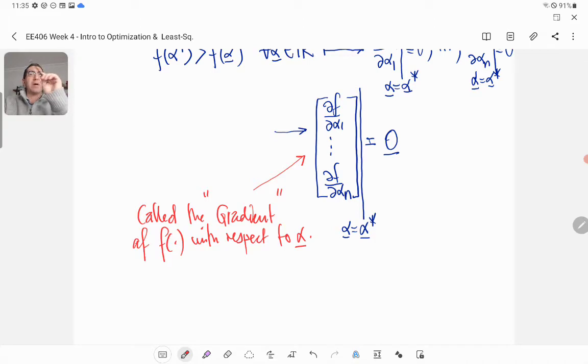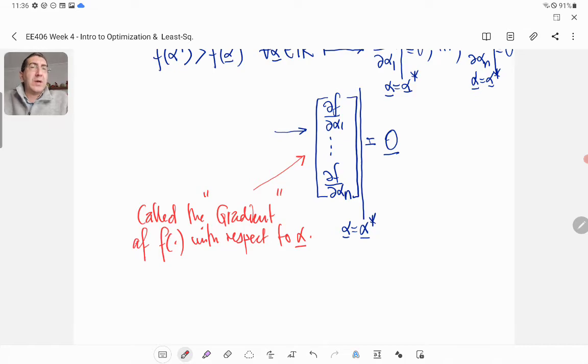Wherever that vector points to, it's where the function is actually having the highest slope. So in fact, you will see maybe in your graduate years that there are algorithms which follow the gradient in order to find the maximum point, or algorithms that follow the negative gradient in order to find the minimum point. Why? Because this vector points in the direction of the highest change in the function.